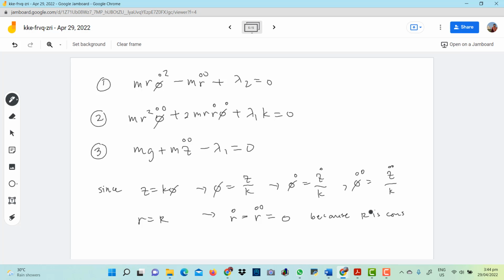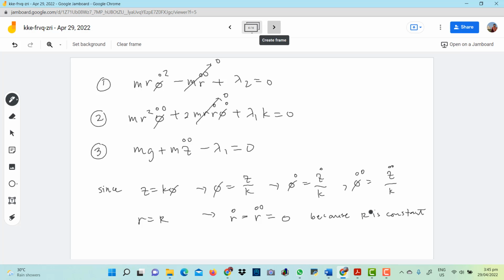So what will happen to these three equations? Some terms become zero. For the second equation, this term becomes 0.